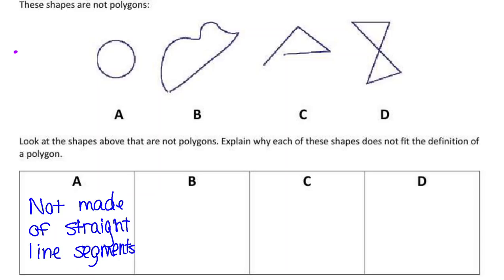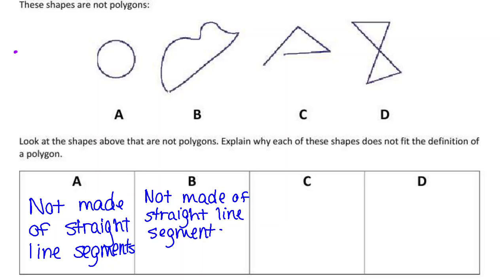Now B, it's the same thing. It's not made of straight line segments. But if you also look, it has an opening here, and it's a little bit harder to see on mine, but that's not closed.